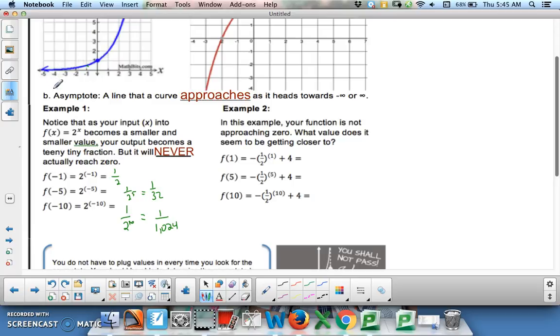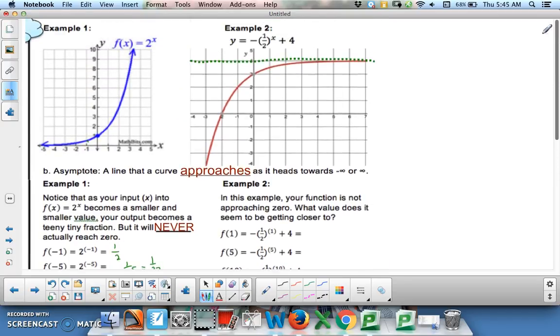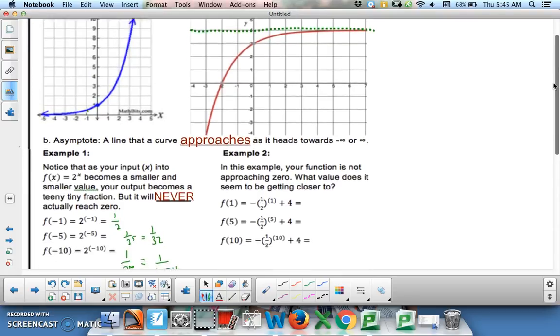Now, it may get so small that your calculator just says, oh, darn, I'm just going to tell you it's 0, and it's going to round it to 0, but it really truly never gets there. Okay, when we look at this one, it looks like it's approaching this line 4. So let's look if the algebra bears out there.